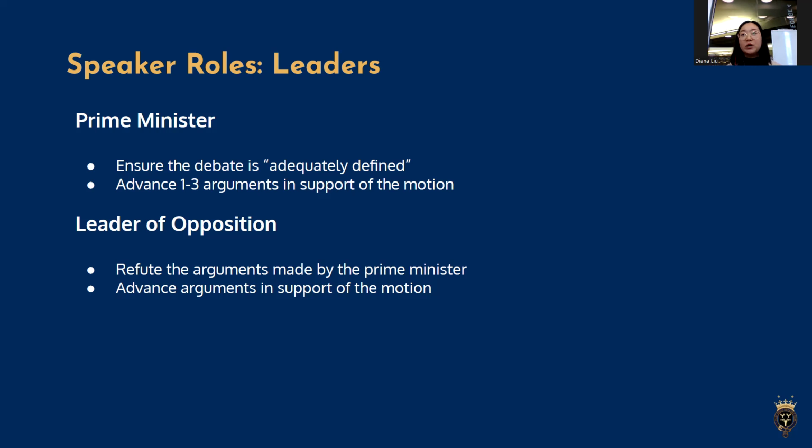So for example, you might define this house to be the world or a particular nation that the debate should take place in. The definition should be adequately broad so that you don't squirrel the motion, as in make it so that the motion is so narrow that there's no possible debate to be had. The first speaker on both teams should also advance 1 to 3 arguments in support of the motion.